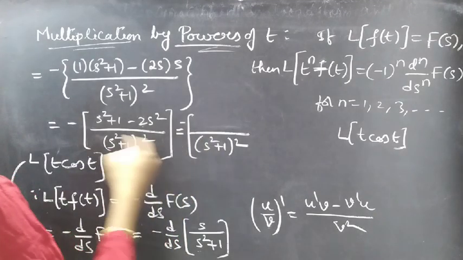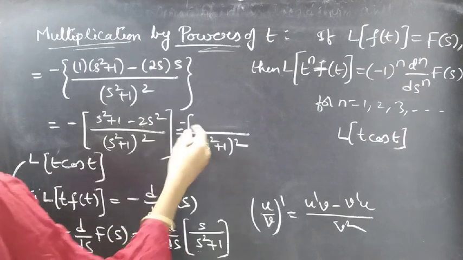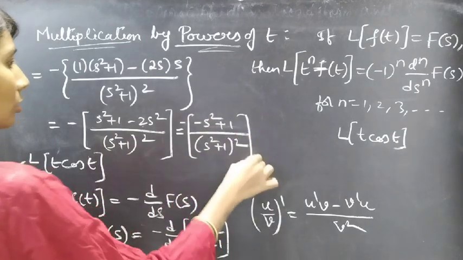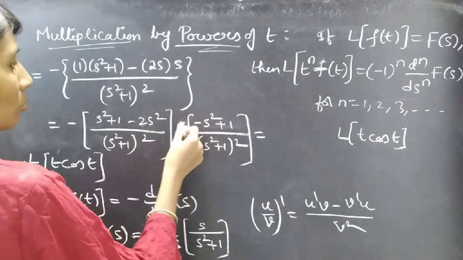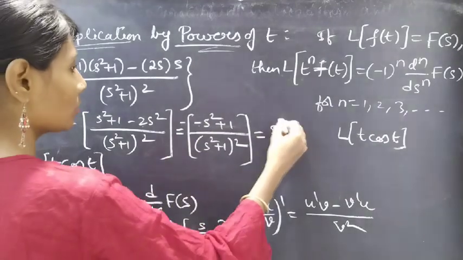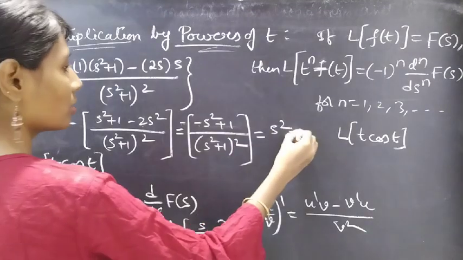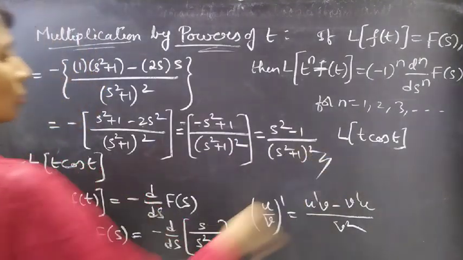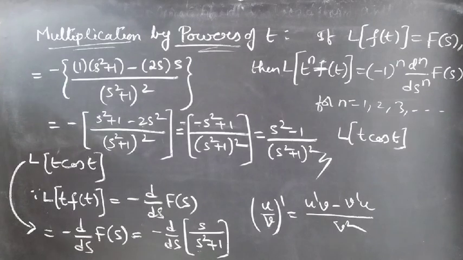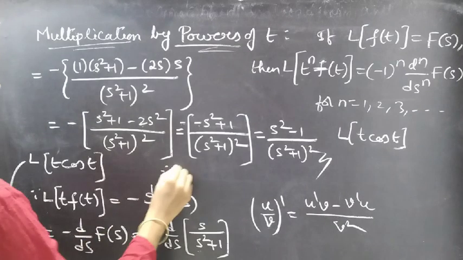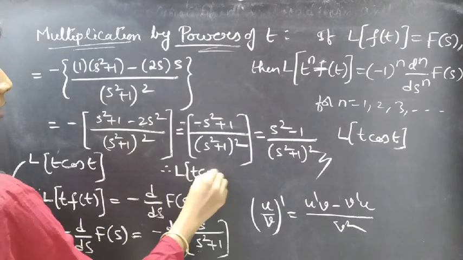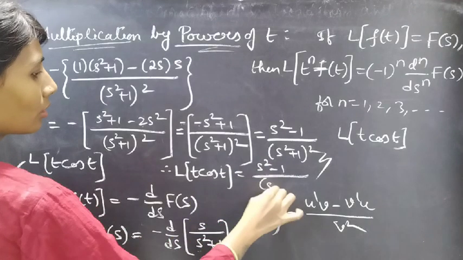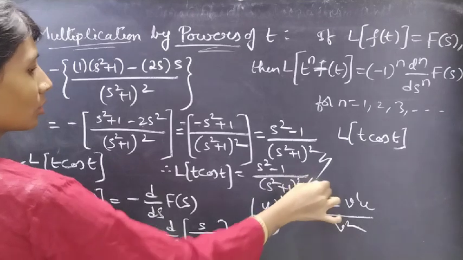Minus of s square minus 2s square is minus s square plus 1, right? This gives us minus into minus plus, s square minus 1 by s square plus 1 whole square. Therefore, L of t cos t equal to s square minus 1 by s square plus 1 whole square.